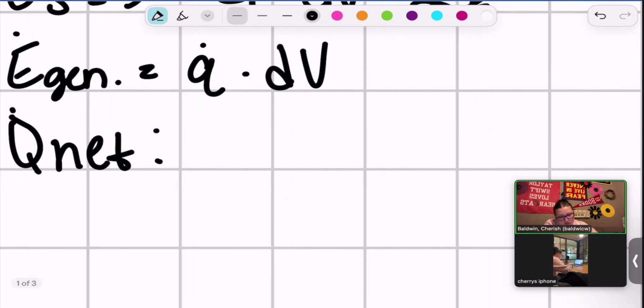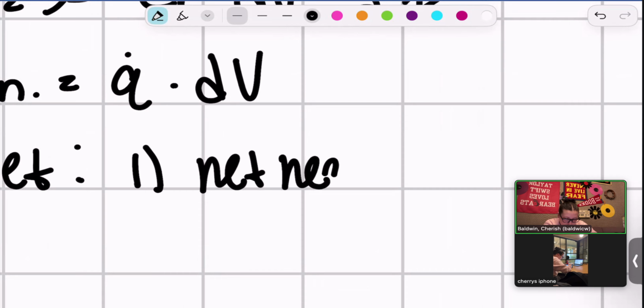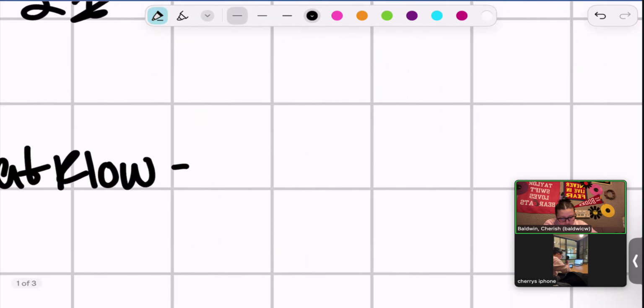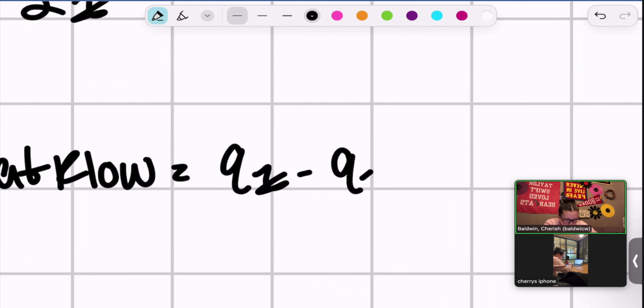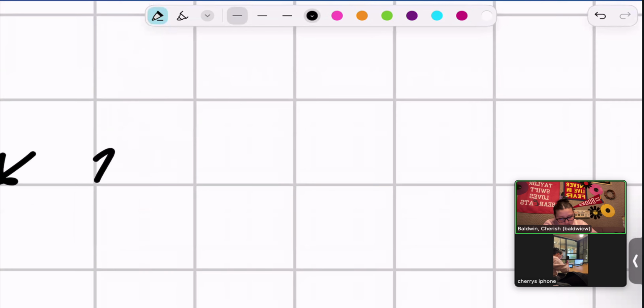Now the rate of net heat flow is derived from two equations. The first: net heat flow is equal to the first position minus the second position. The second equation is the Taylor series of the second position.